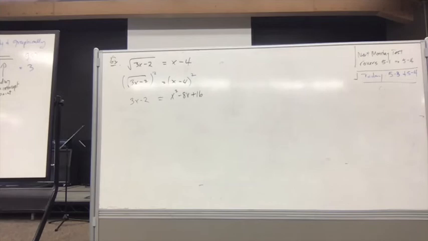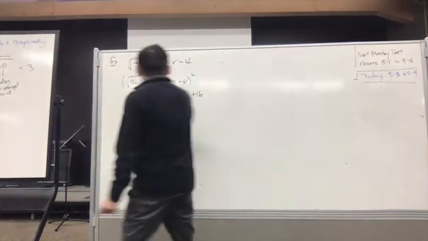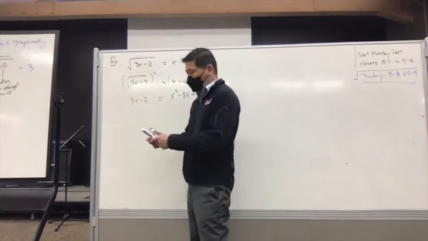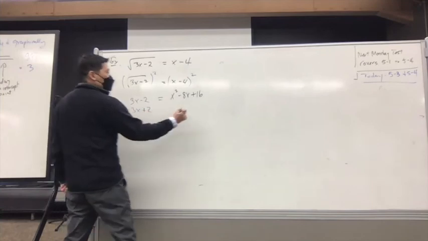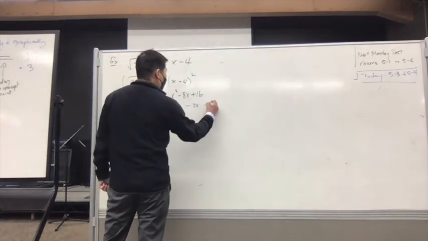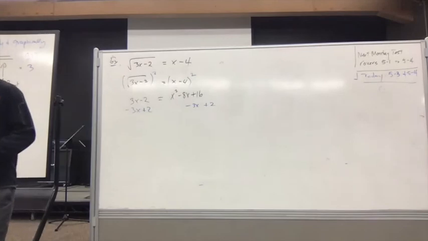You'll notice that the natural step here is that you got a whole bunch of terms, some squares, some no squares, but you know that this becomes a quadratic equation. So you can move everything on one side to set it equal to 0. If you can set it equal to 0, then you know where to go, right? So move everything on this side, subtract 3x, so minus 3x plus 2, minus 3x and plus 2 on both sides. Make sure you do that.